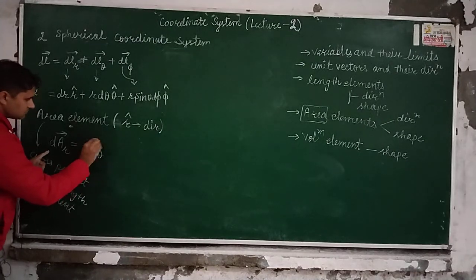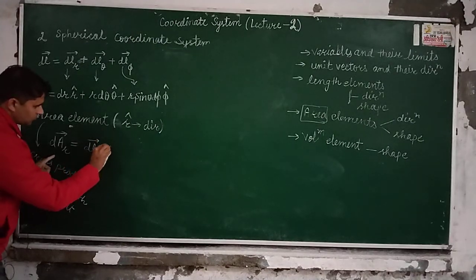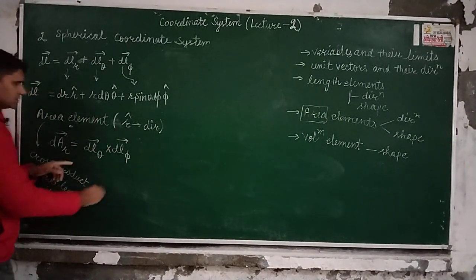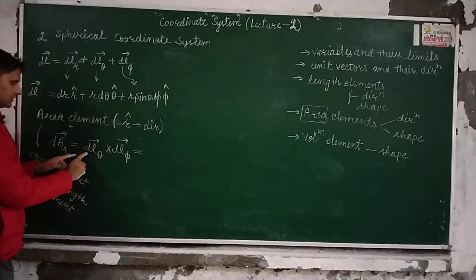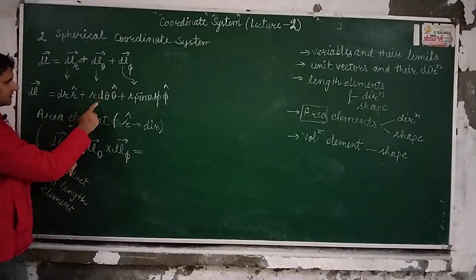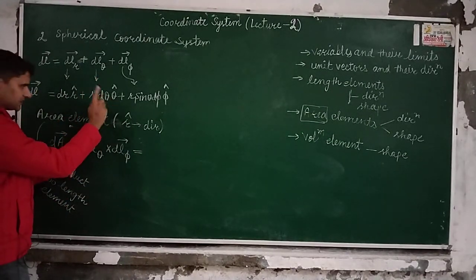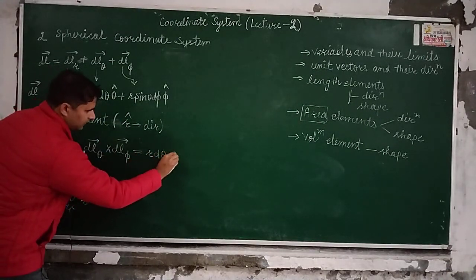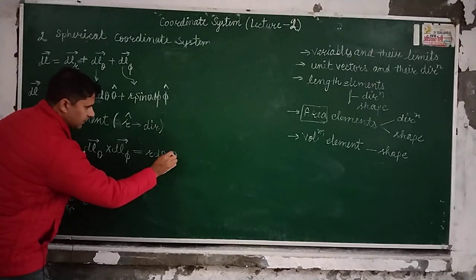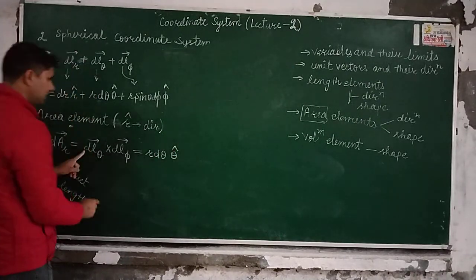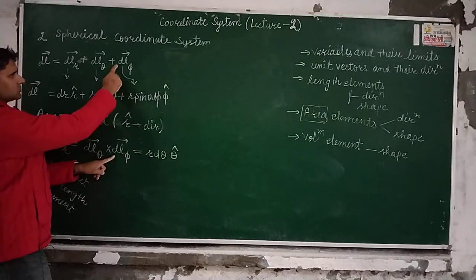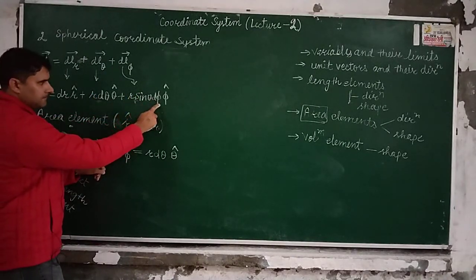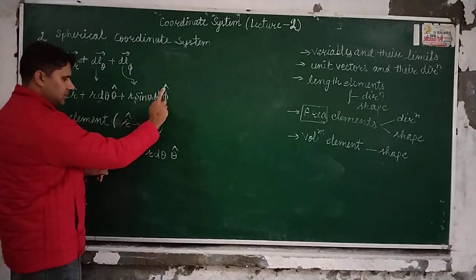dl theta vector, and its cross with the dl phi length element. If you put their values, dl theta is r d theta phi cap, sorry, r d theta theta cap. Then dl phi is r sin theta d phi phi cap.